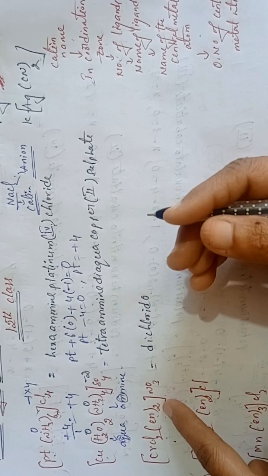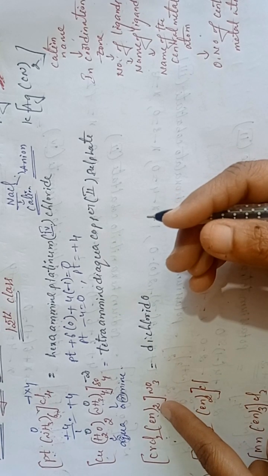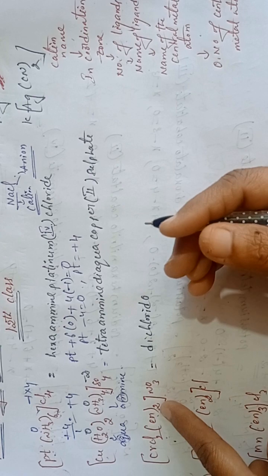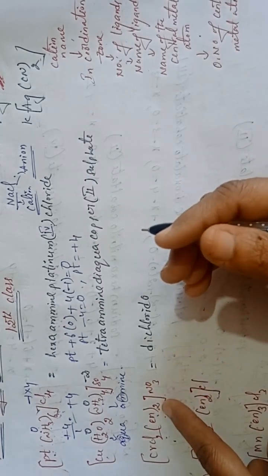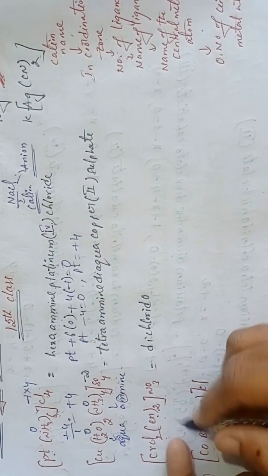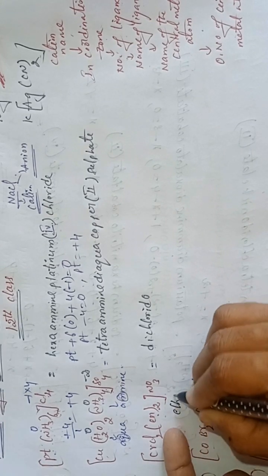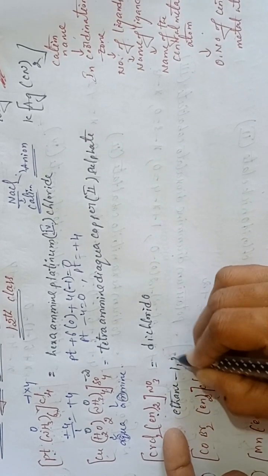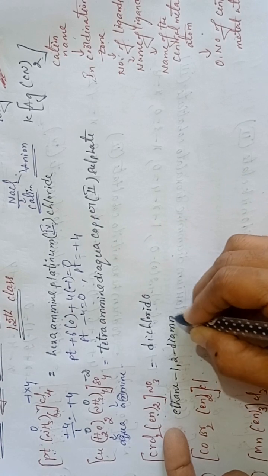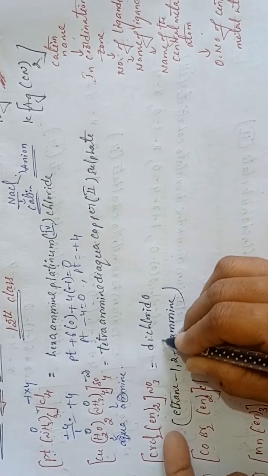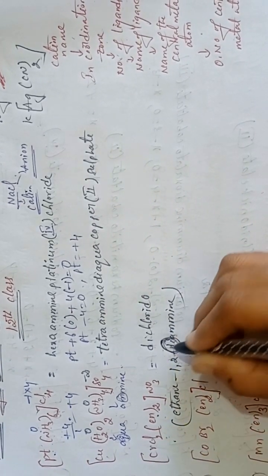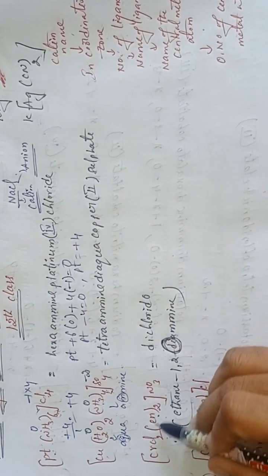Now this one: you should not write diene. For 2 we have to use the prefix bis, because in ethane-1,2-diamine, di is already there in its name.